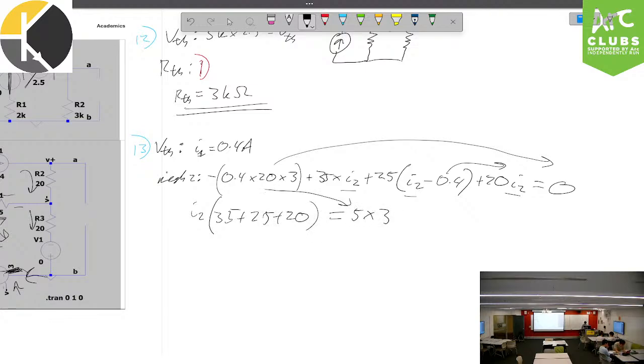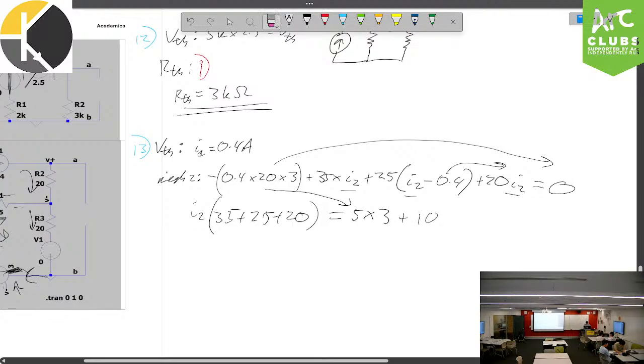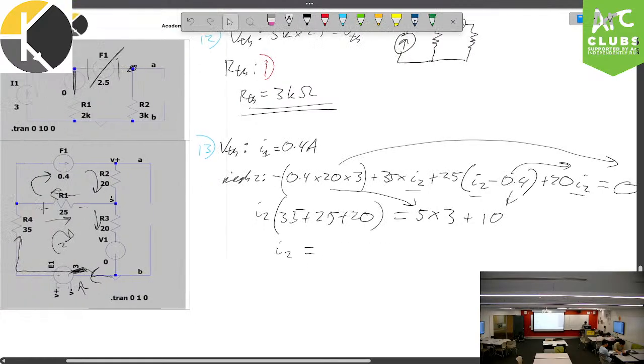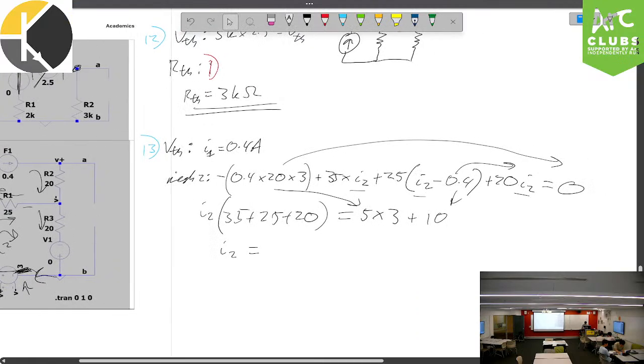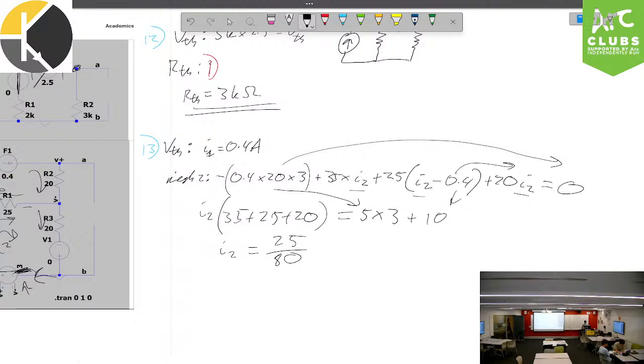Mind you, this is what I simplified it into, plus 0.4 times 25, which is 10. All right, so this much equals 25. I2 equals 25 over, what's this number, 80?